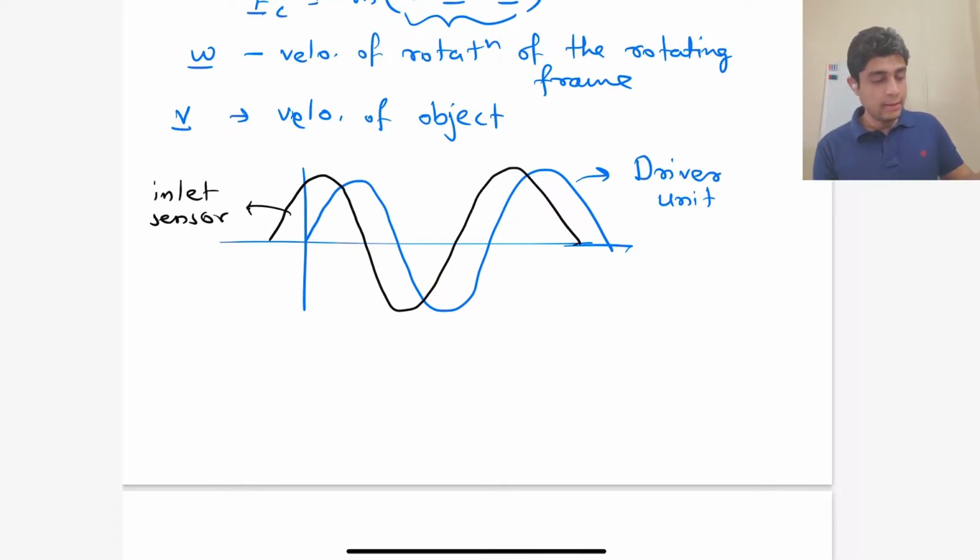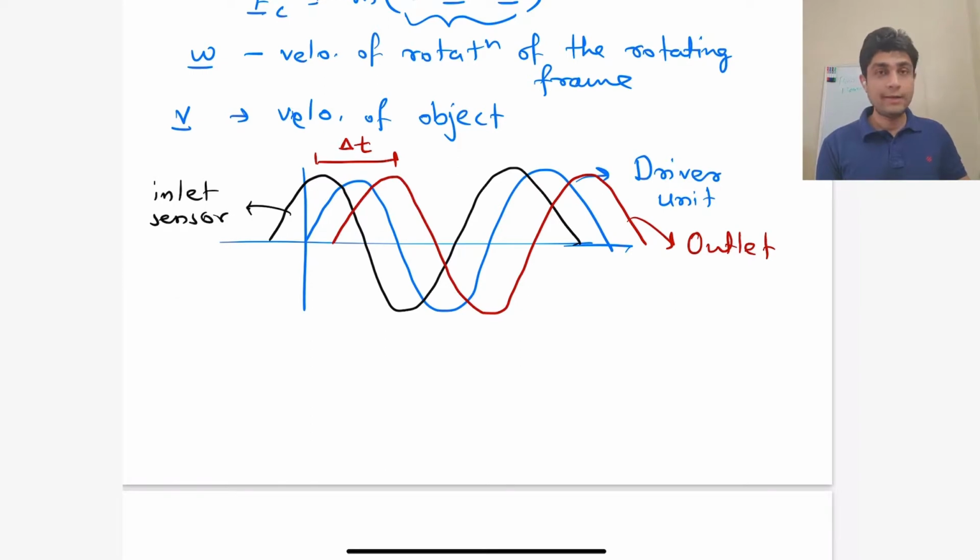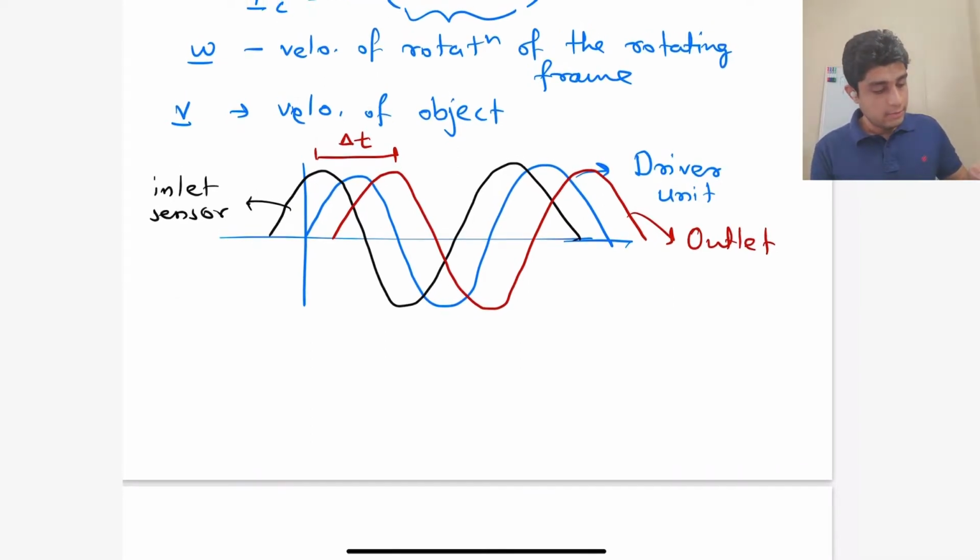And the signal that the outlet measures is shifted to the right as shown here. So as you can see, there is a time lag delta t between the inlet signal and the outlet signal, and we can find out the mass flow rate through the pipe by using this lag in the two signals.